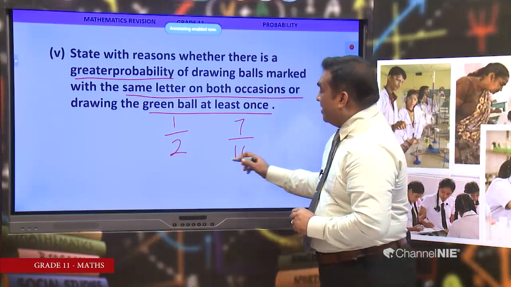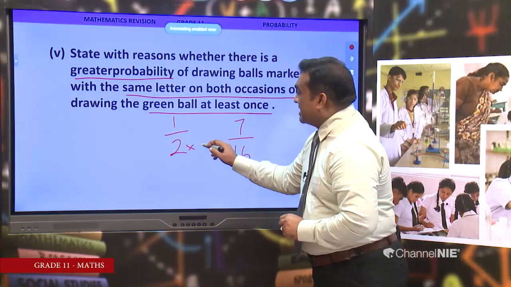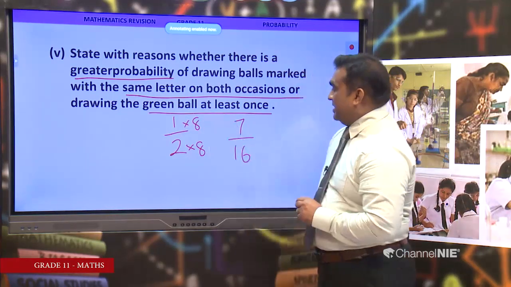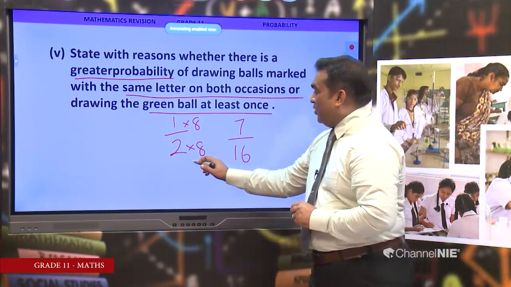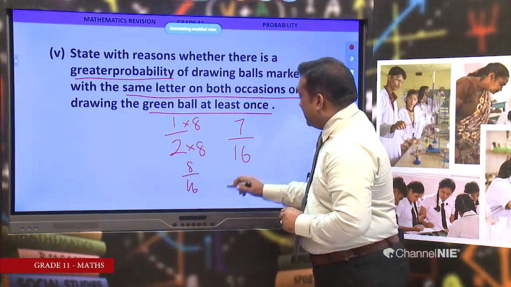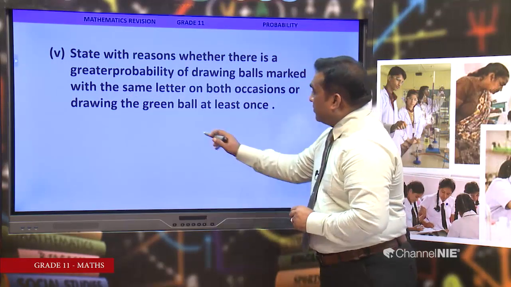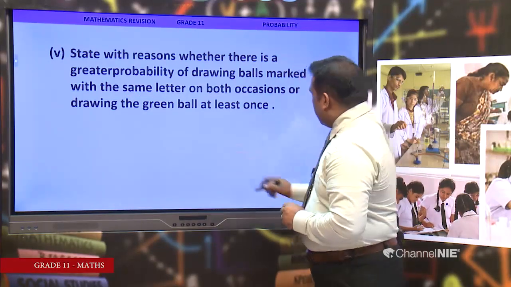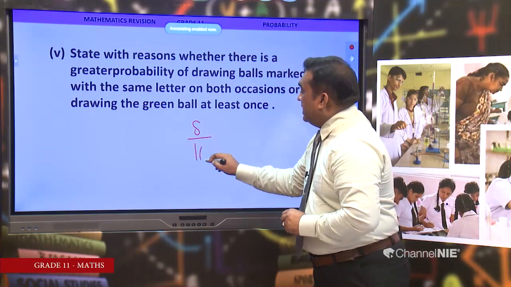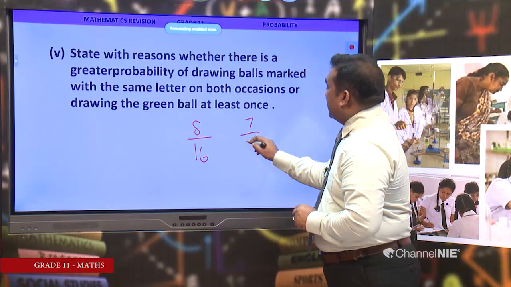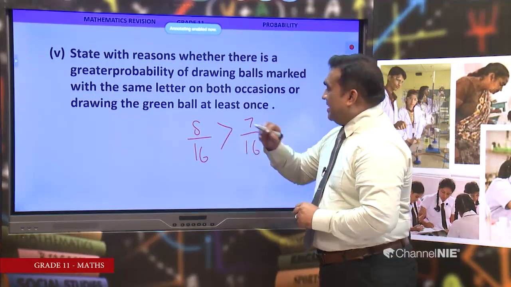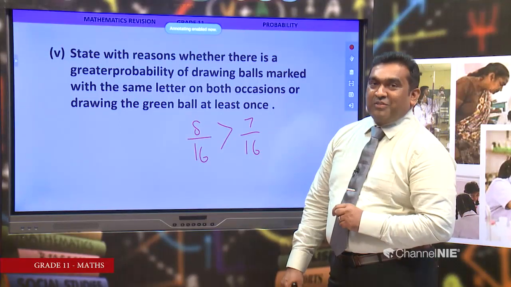You have to make the denominator as 16 using the knowledge of equivalent fractions. You know that this is 8 over 16, here 7 over 16. It is clear that 8 over 16 is the greater fraction.